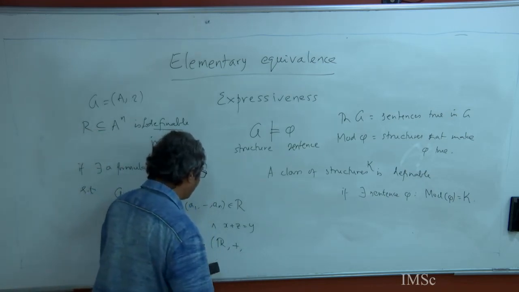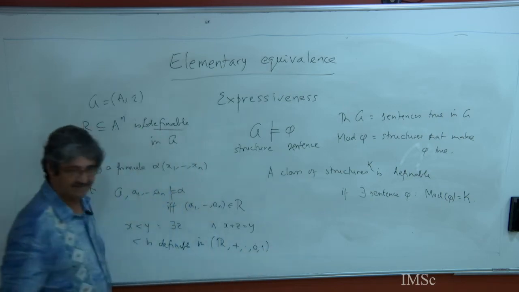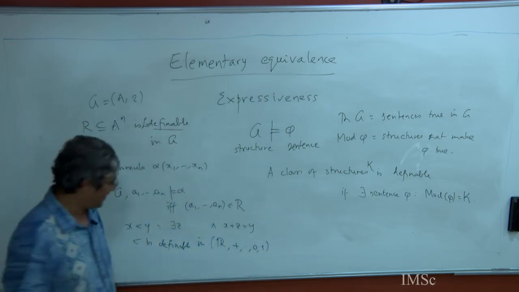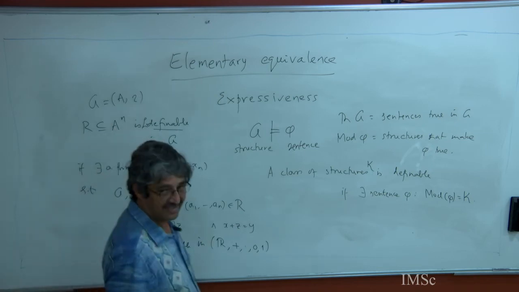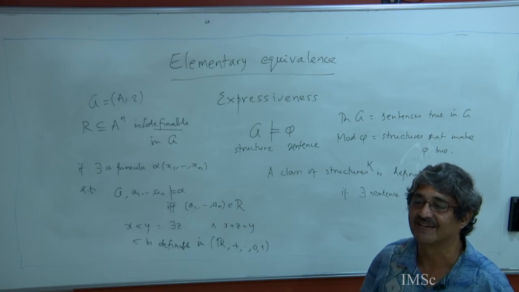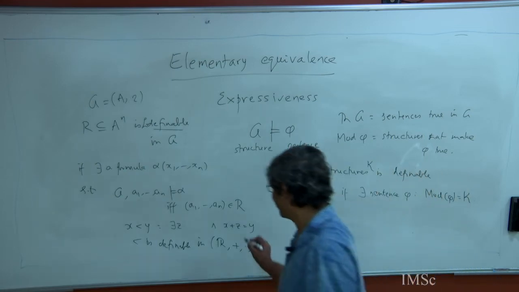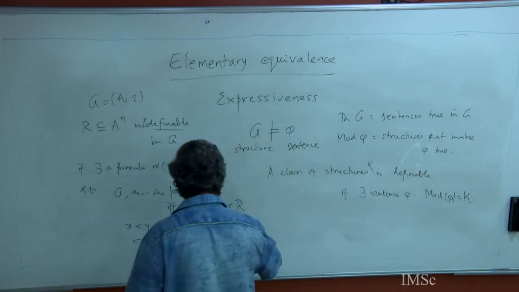In fact, it's definable with addition, but let me. There exists Z. I want to say Z is positive. There exists a Z such that x plus z square equals y. Exactly. That's what I was going to say.